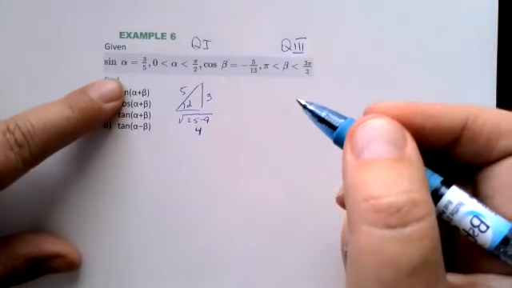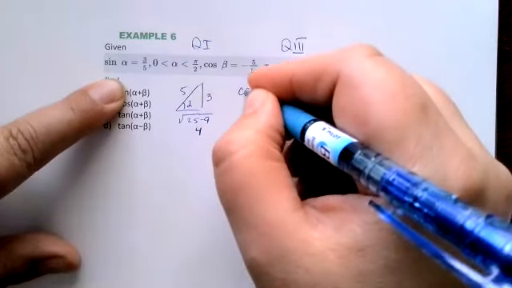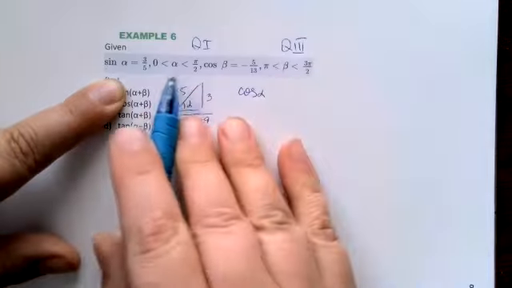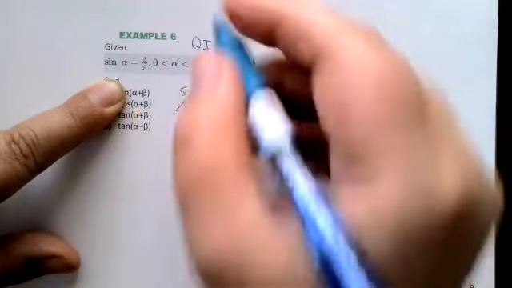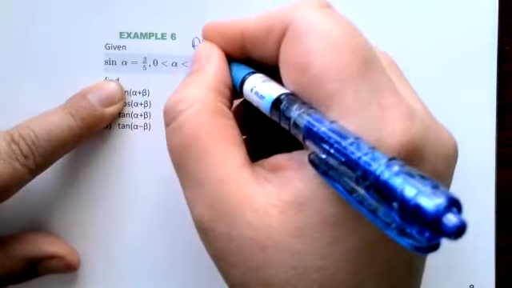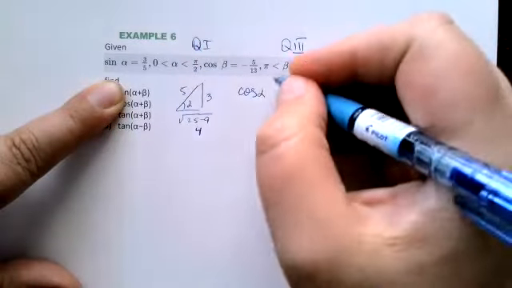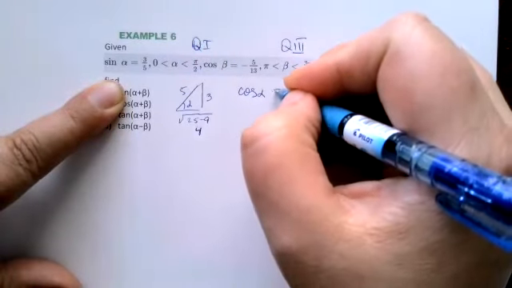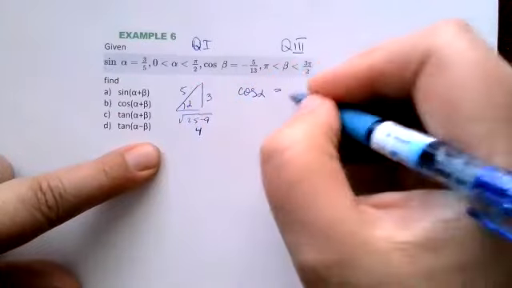Okay, so that means that the cosine alpha, and remember alpha is in the first quadrant, so all the trig functions here are positive, so cosine alpha is 4/5.